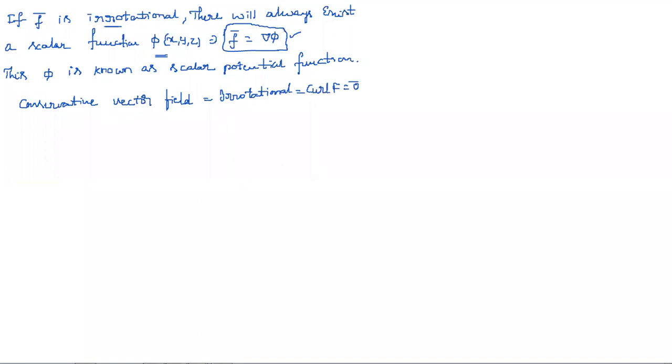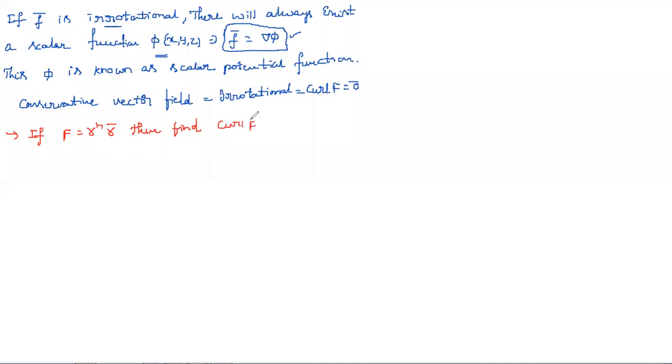And next, coming to the next problems on this. We already did this type of one. If f is equal to r power n r bar, then find curl f bar.